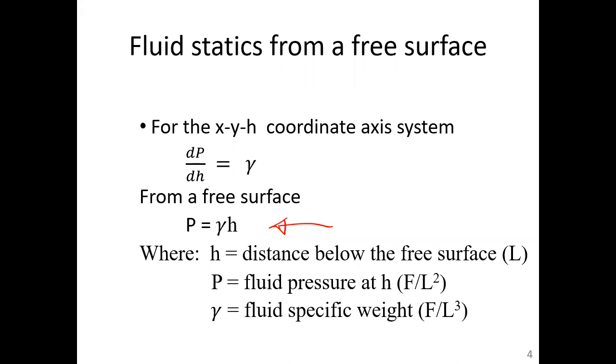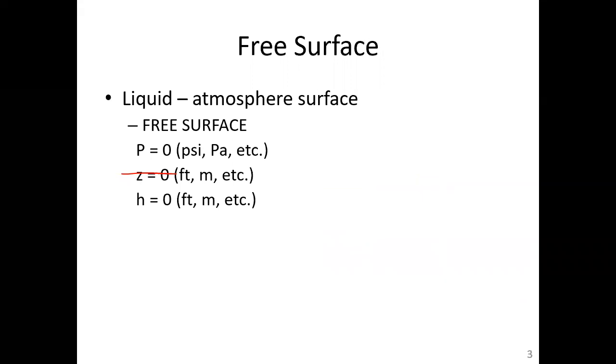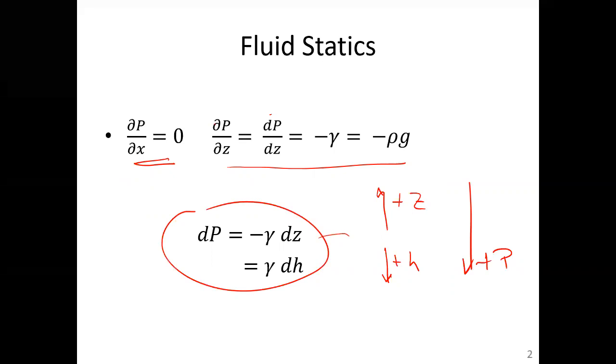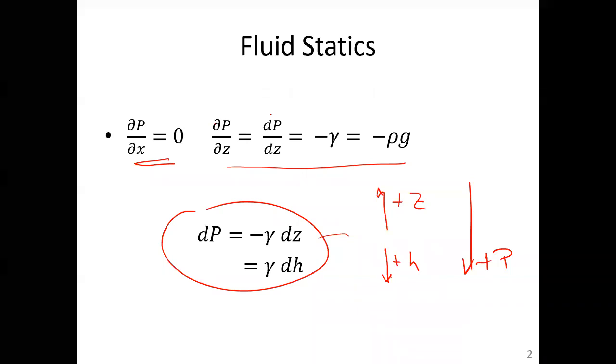So we also integrated the general forms of the equation, and when I say the general forms of the equation, what I'm talking about are these. What we got were, for example, P1 over gamma plus Z1 is equal to P2 over gamma plus Z2, or P1 plus gamma Z1 is equal to P2 plus gamma Z2.